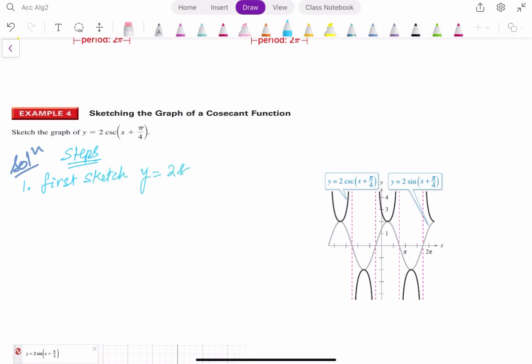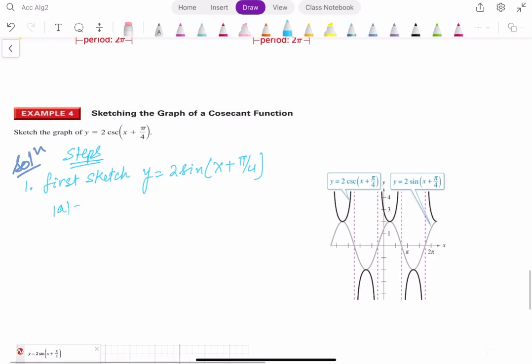So let's say y is equal to 2 sine of x plus pi fourths. In the sine function, we are talking about the amplitude. So amplitude is equal to 2 and the absolute value of b is 1. So the phase shift, that means bx minus c is equal to 0 and bx minus c is equal to 2 pi.